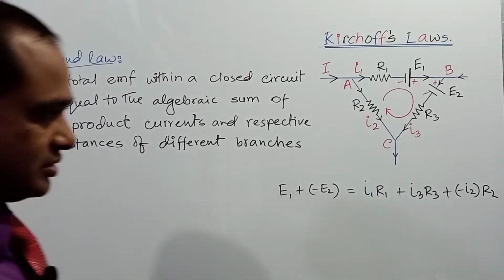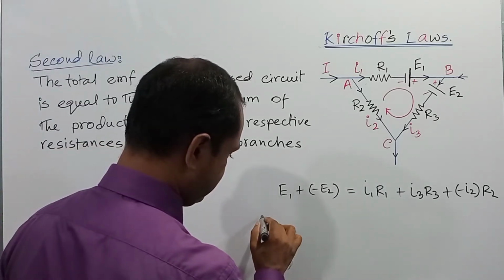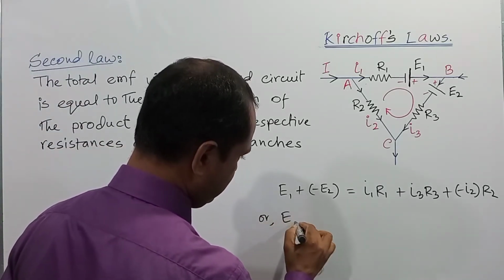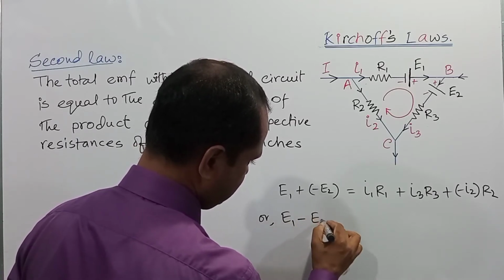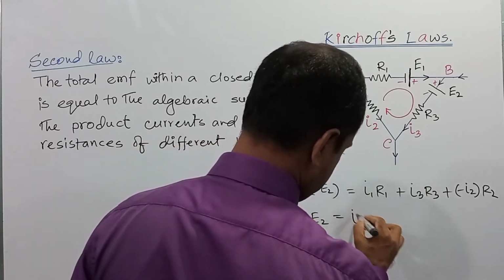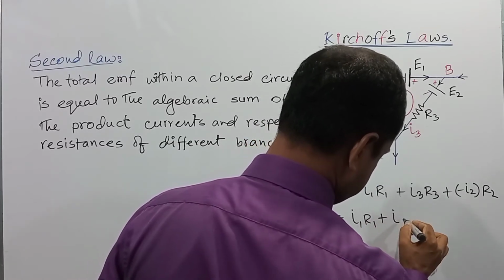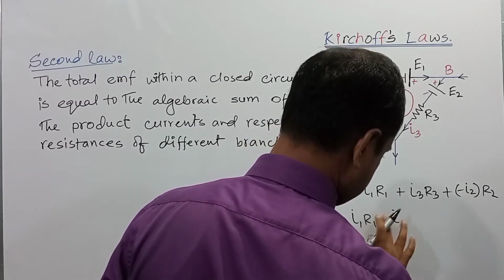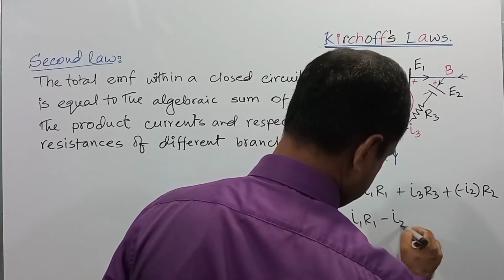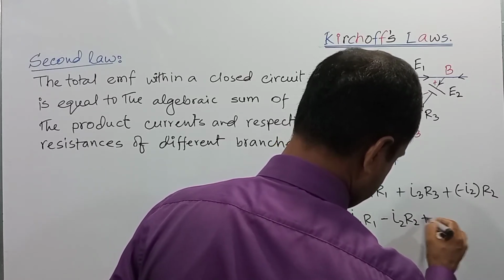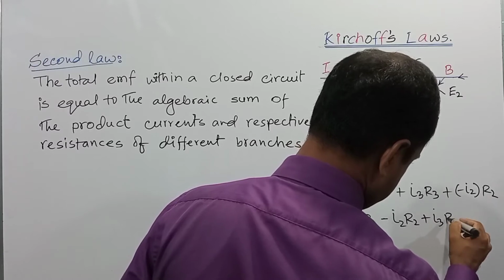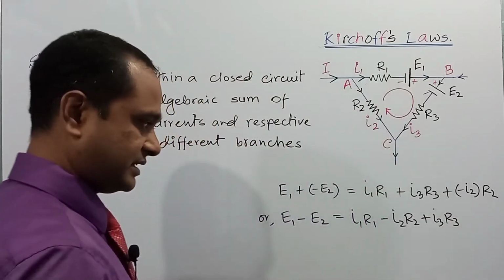We can also write the expression like this: E1 minus E2 is equal to I1 R1 minus I2 R2 plus I3 R3, right?